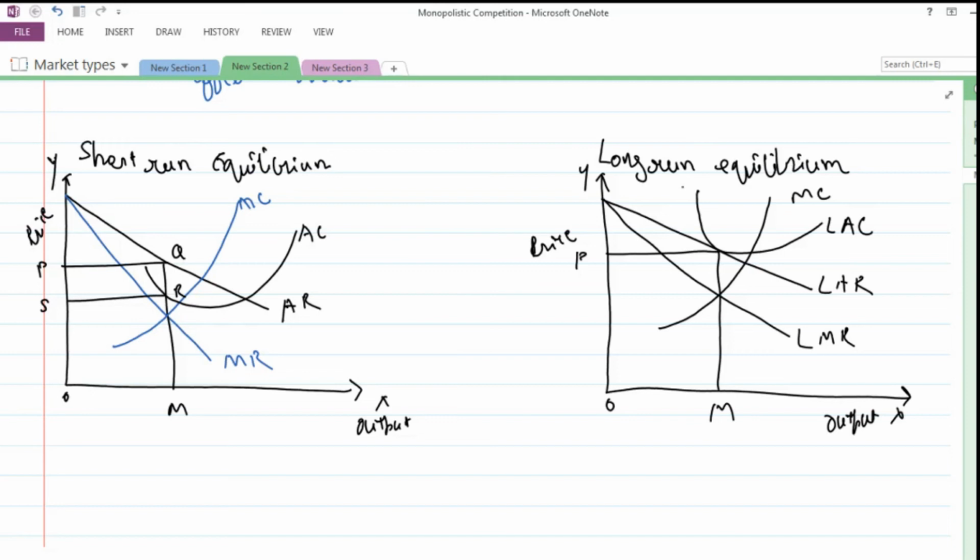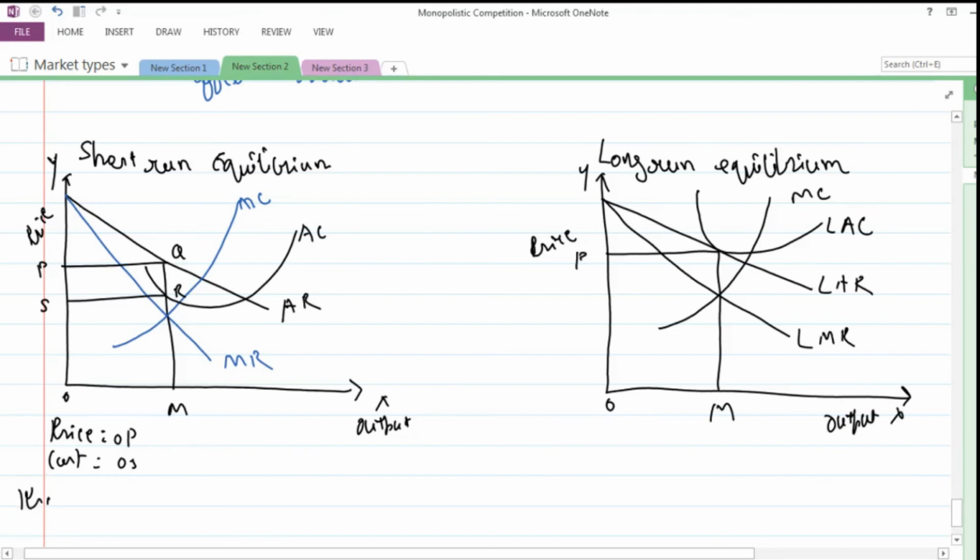In the short run equilibrium, the price is OP and the cost is OS. So profit is equal to this shaded region.